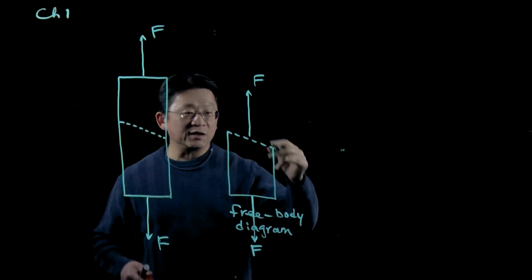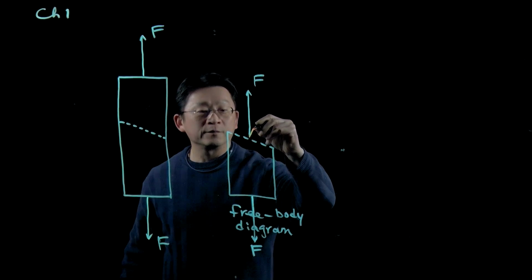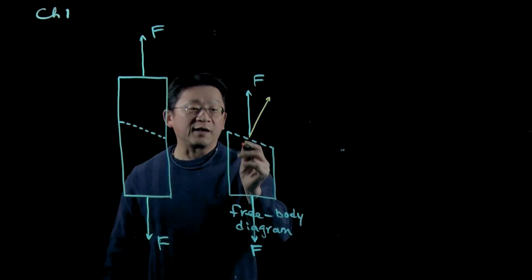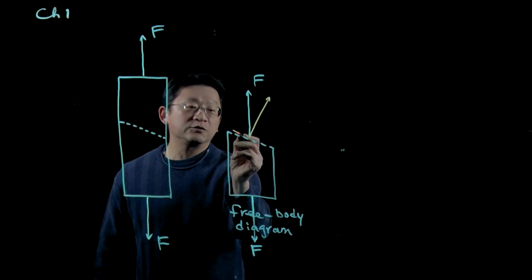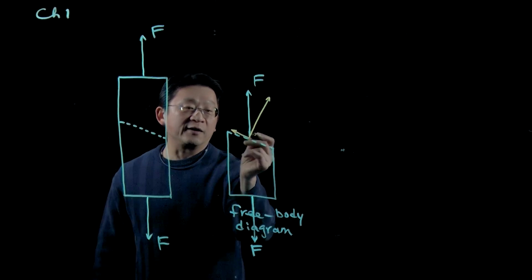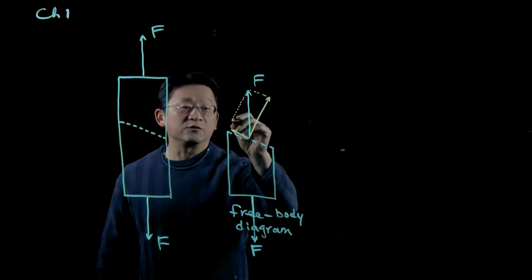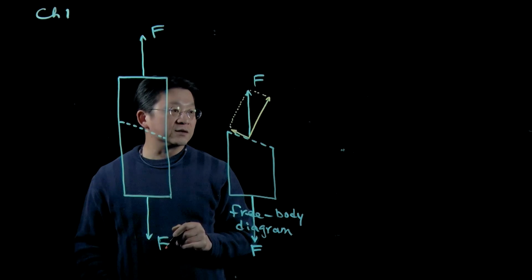One component is normal to the section. The other component is parallel to the section. Here we decompose using the resultant force theorem.